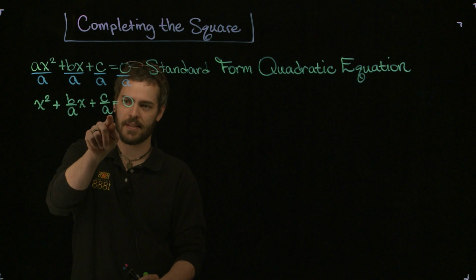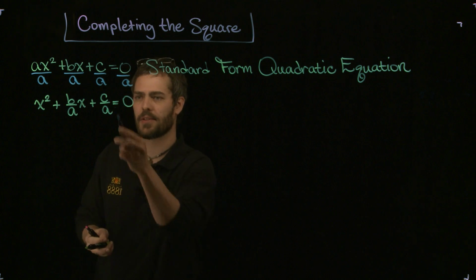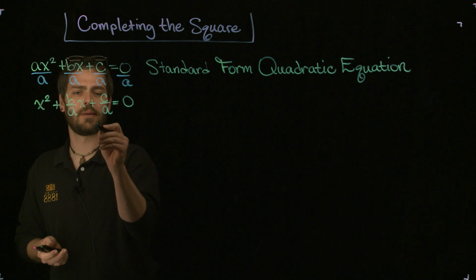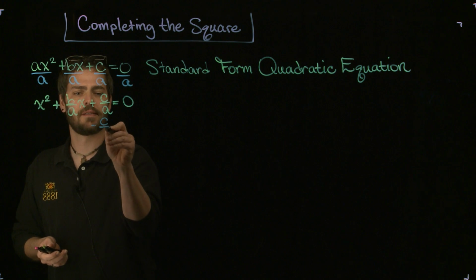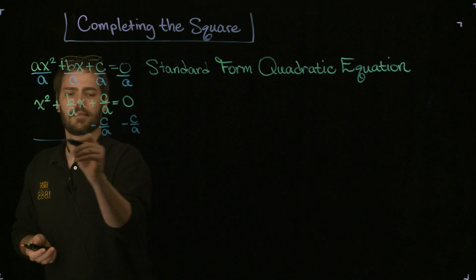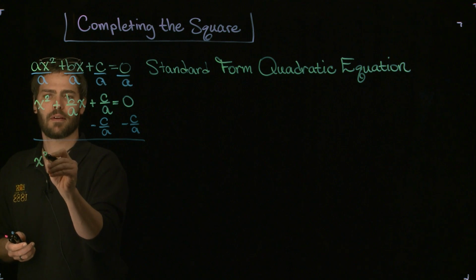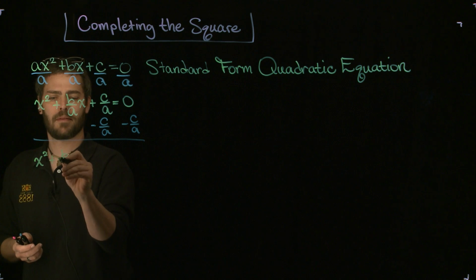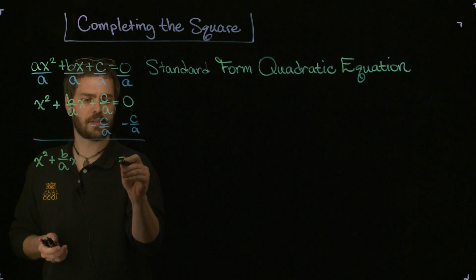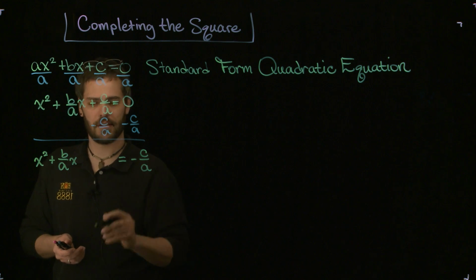Certainly, this is just an a instead of an a squared, so let's assume that this c over a does not represent half of this middle term squared, meaning that we need to subtract c over a from both sides. Okay, so now this gives me x squared plus b over a x. I'm going to leave a little space, equals negative c over a here.